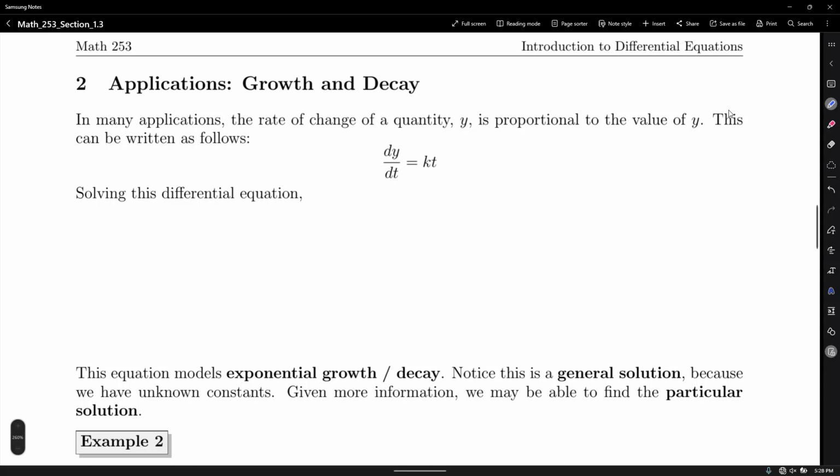However, in pre-calculus or in college algebra, they just tell you to memorize an exponential function that describes this growth or decay. Here, with differential equations, we're going to see where that formula comes from. Well, the very simplistic population growth model tells us that the rate of change of some population size with respect to time is proportional to time.